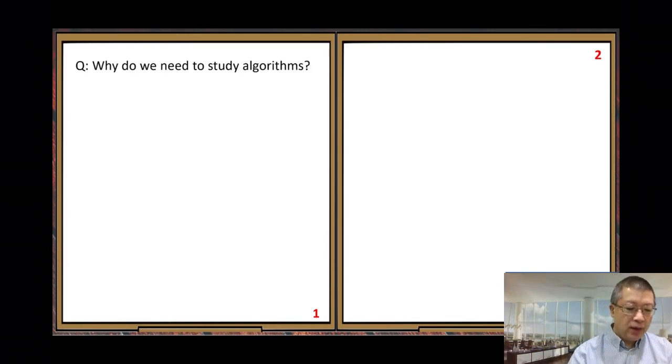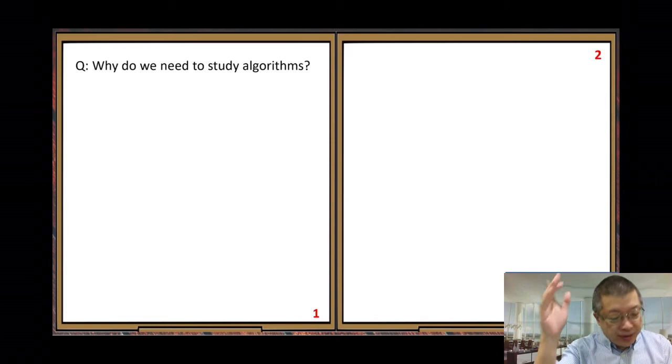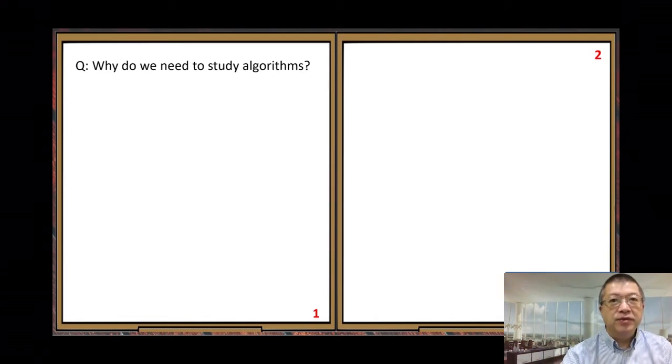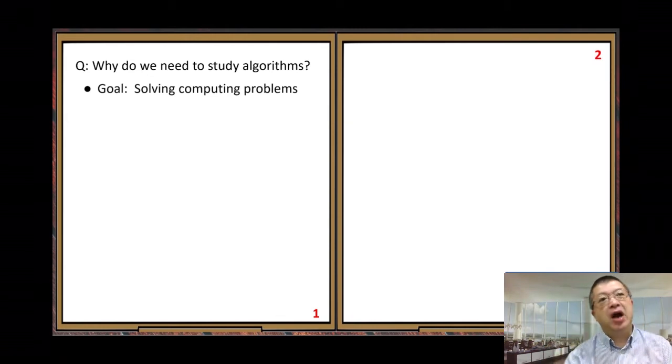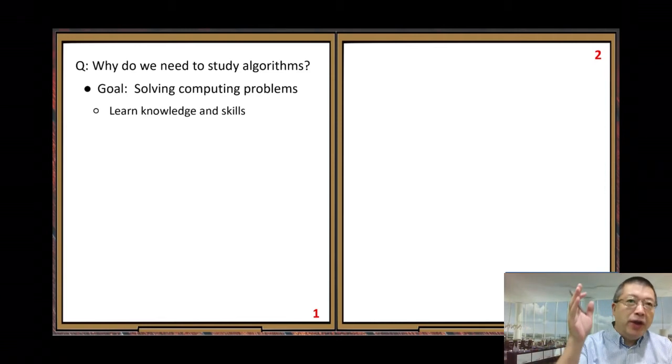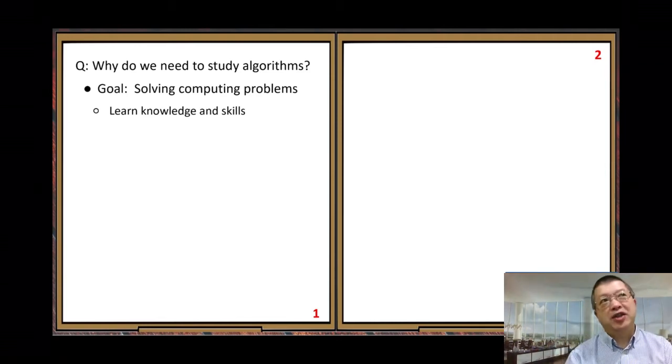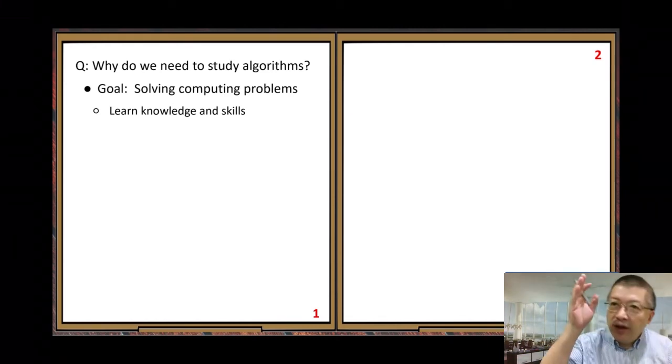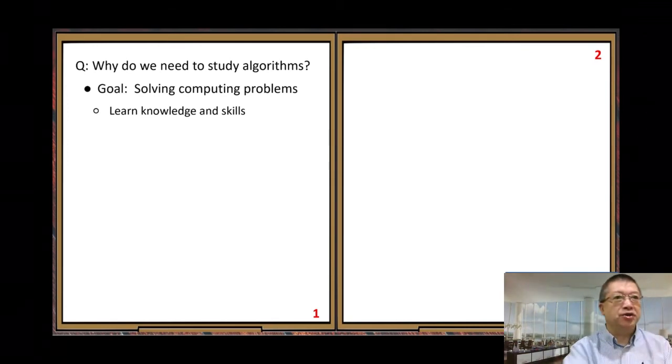All right. So why do we need to study algorithms? The goal is solving computing problems. In order to do that, what do we need to have? So the first thing, learn knowledge and skills. That's where we are here in this class. We start in this class, we will learn the knowledge and skills.